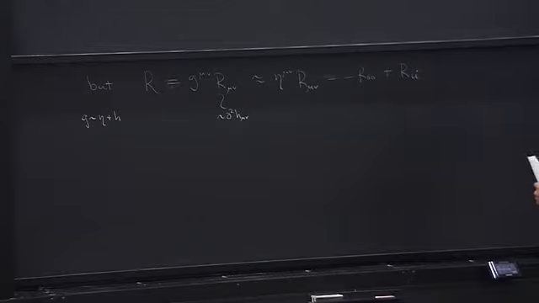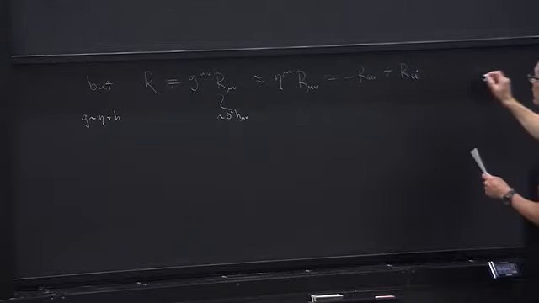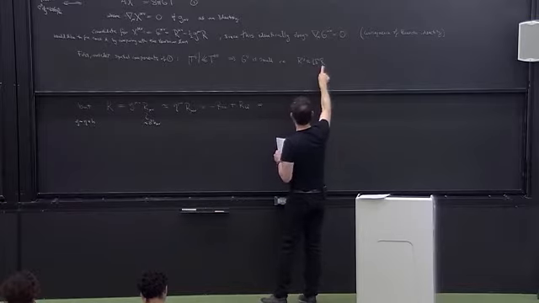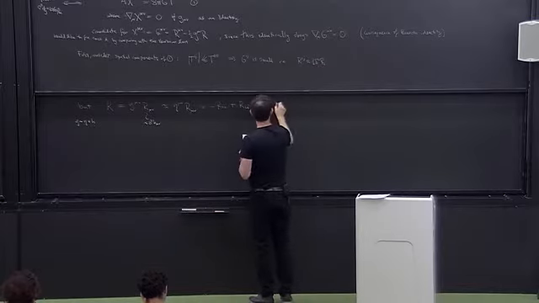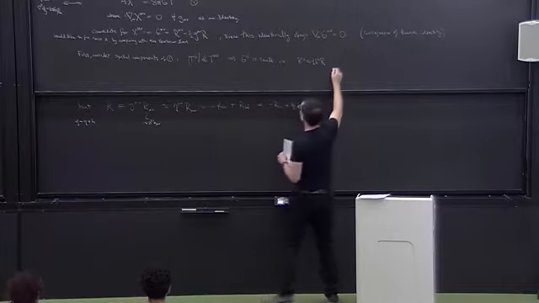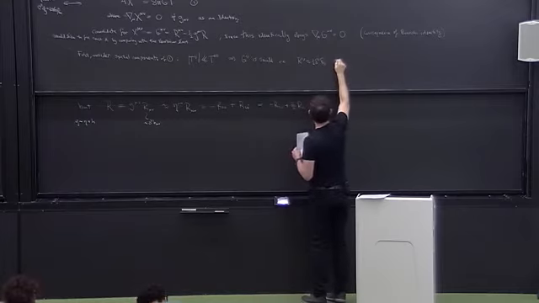But we have from here that the trace is 3/2 times R, so minus R naught naught plus 3/2 times R. Okay, from this, let's call this dagger, from dagger.